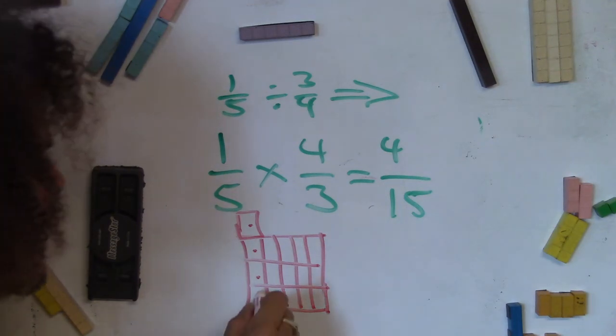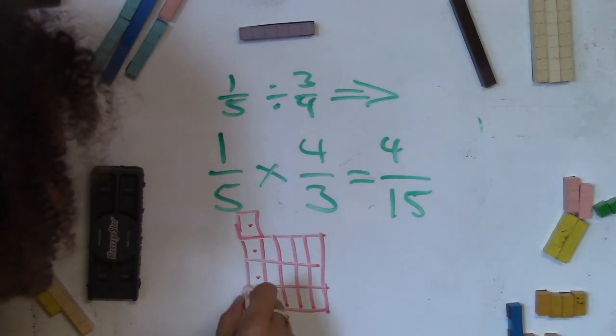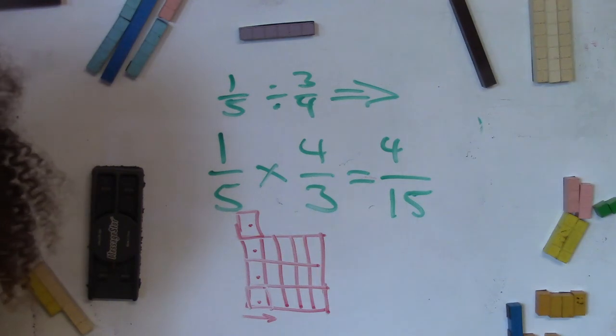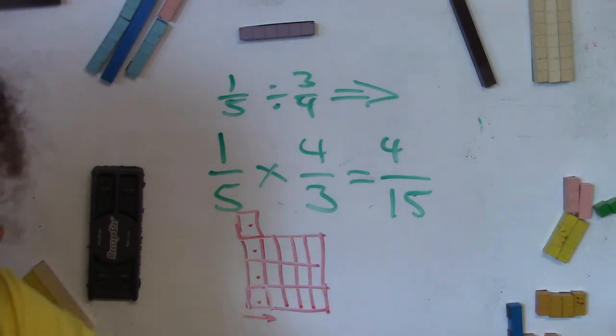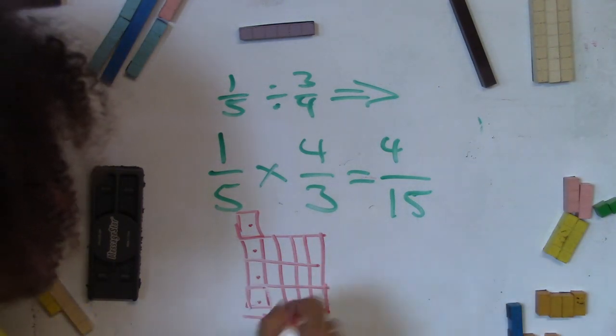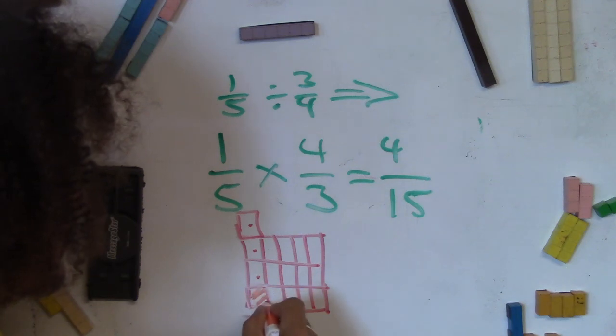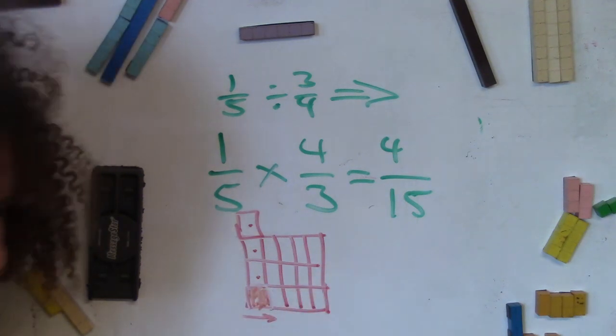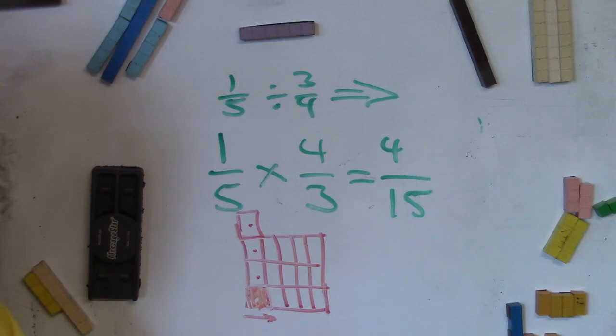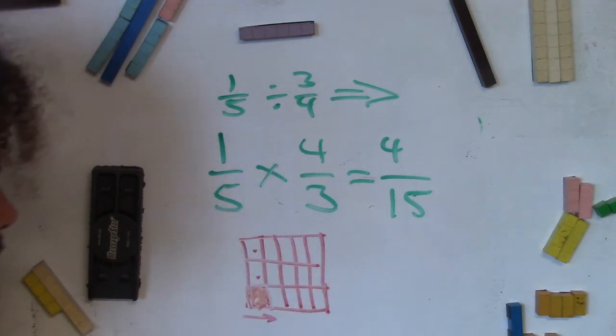And just for fun, how much is each one of these? How much is that orange one? It's 1. Out of how many? Don't count that one. 1/15. 1/15th.